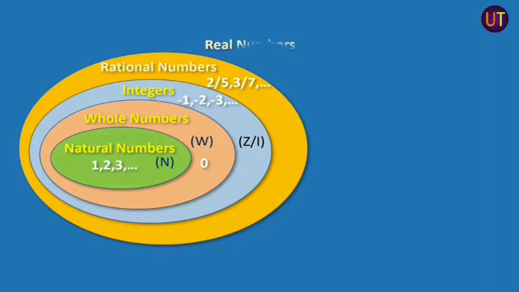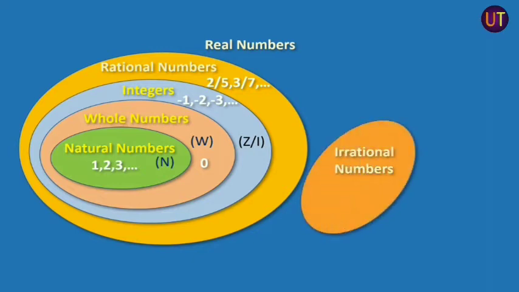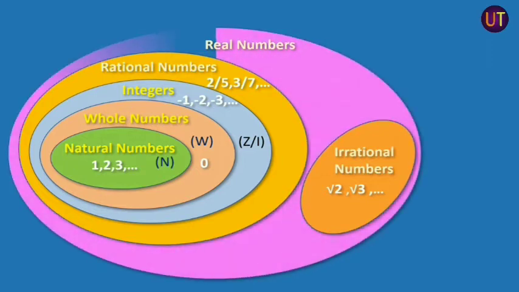Now the real numbers include all the rational numbers and irrational numbers. What are irrational numbers? Numbers that cannot be written as p by q are irrational numbers, like √2, √3, √7, etc. Now we will draw a circle around the rational and irrational numbers.